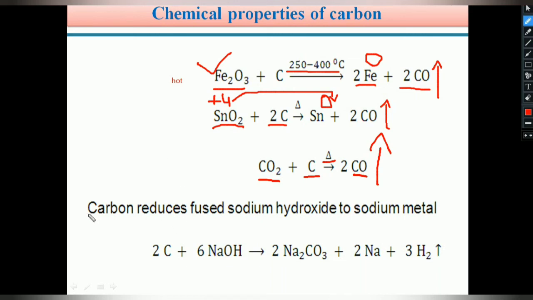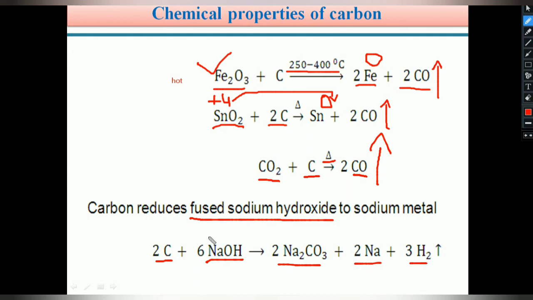Similarly, students, in the chemical properties of 4th A group metals, video module 2, we mentioned that carbon, silicon, germanium generally do not react with bases, but here carbon reduces fused NaOH. Normal NaOH does not react with carbon. Sodium hydroxide under fused condition reacts with carbon, forms sodium carbonate and sodium metal, and H2 gas is evolved.